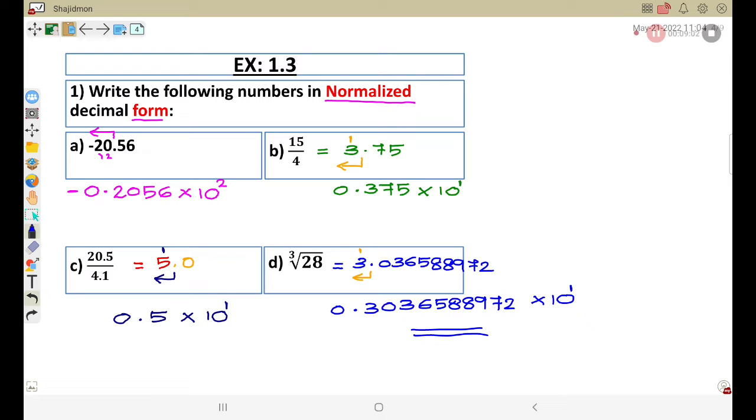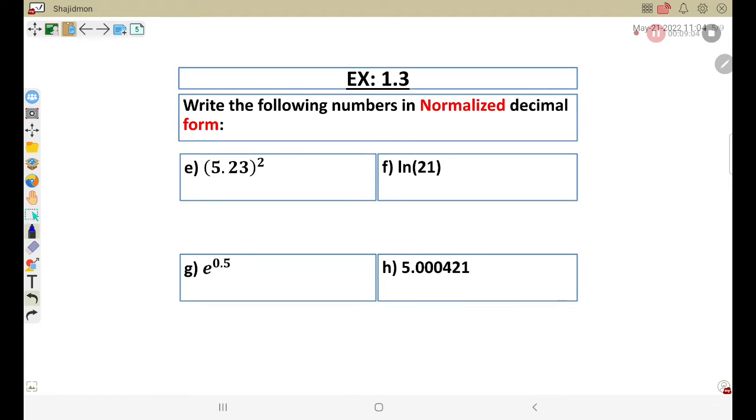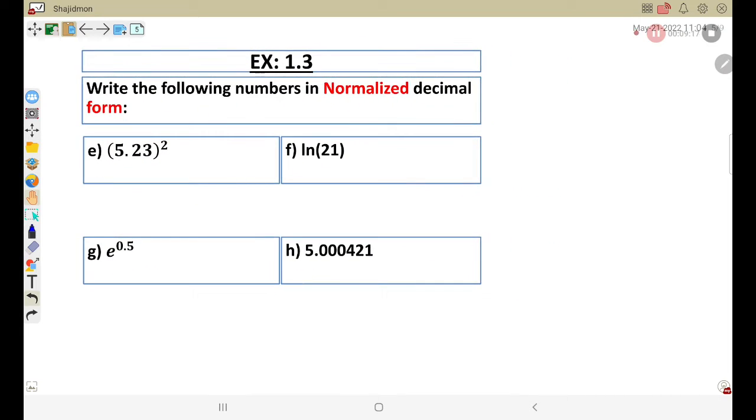Again we have the next question. Question number E, 5.23 power 2, all power 2. As I told, first check the number in the calculator so that we can write the answer. Equals 27.3529.